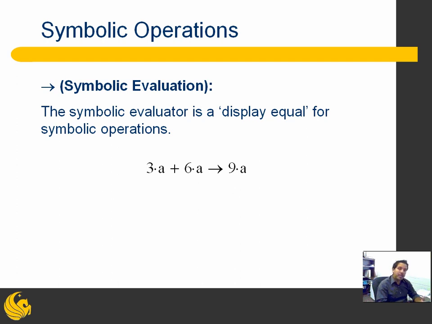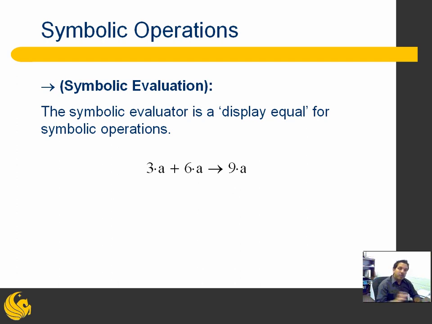One is the assignment equal, which is a colon equal. The other one is a display equal, to display the result or the value of a variable. That's a regular equal. The other one is a control equal for comparisons. And the other one is the global definition equal, the 3 horizontal bars. Now this is a fifth equal sign, which is called the symbolic evaluation equal.